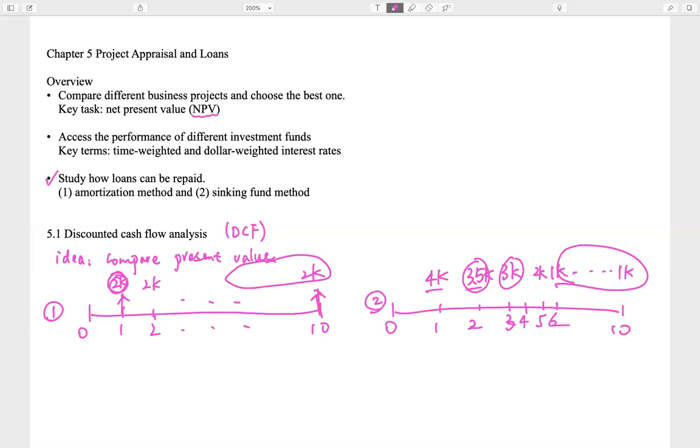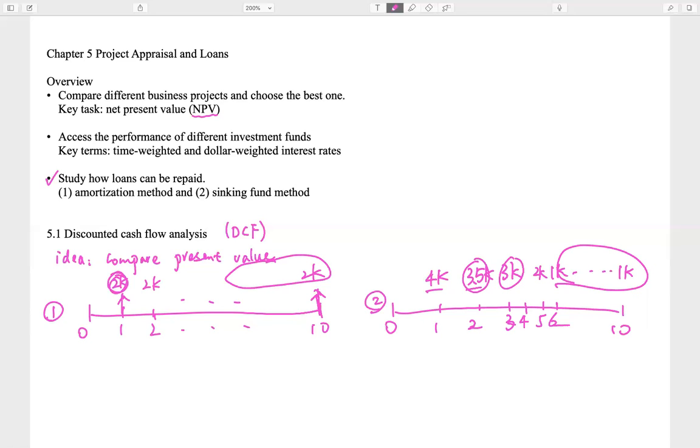So this is an easy, but somehow quite informative example. Project 1 is steady, but the payment may not be to your satisfaction. Project 2 is a little bit risky, and the payments are promising at the beginning, but it starts to make you a little disappointed towards the end.